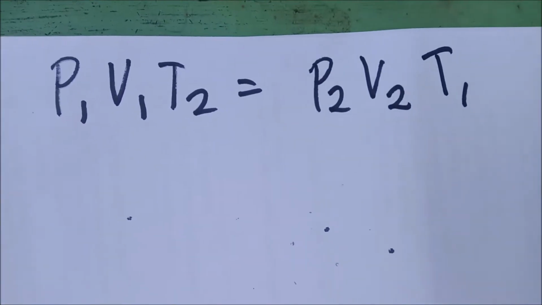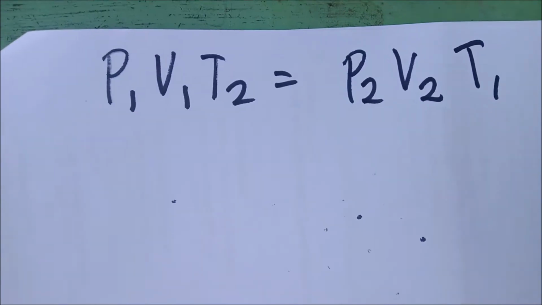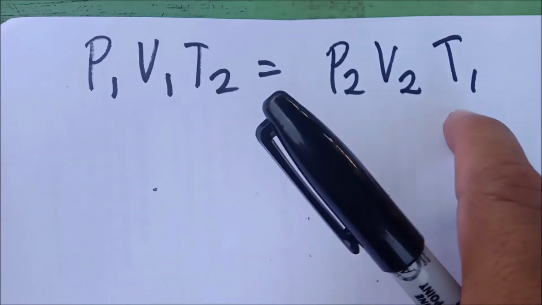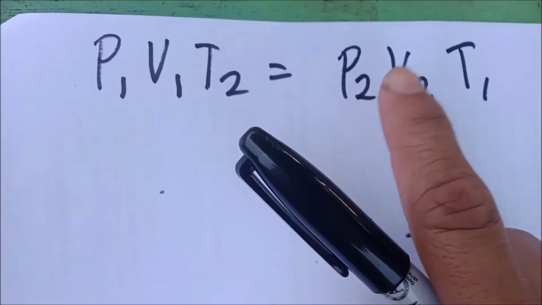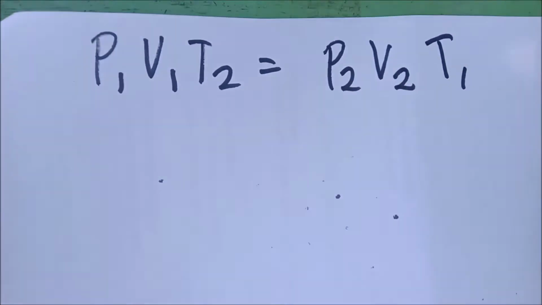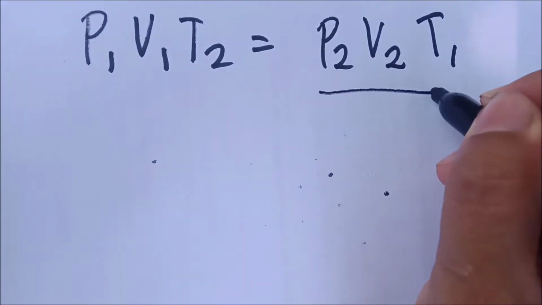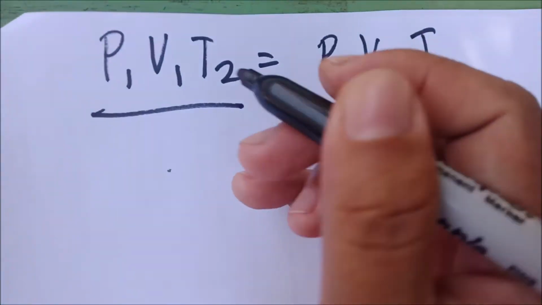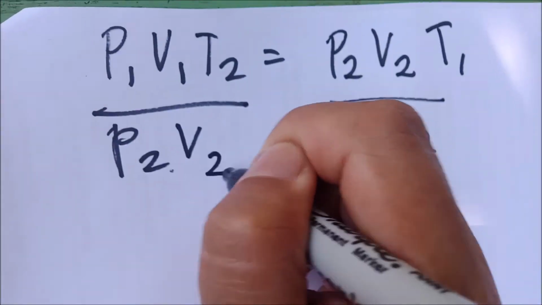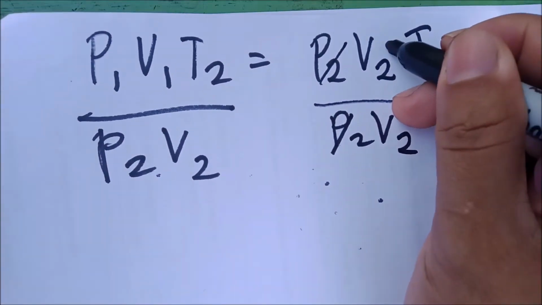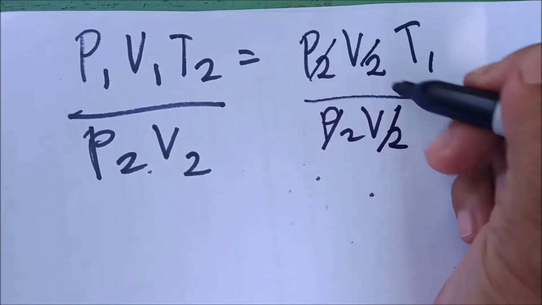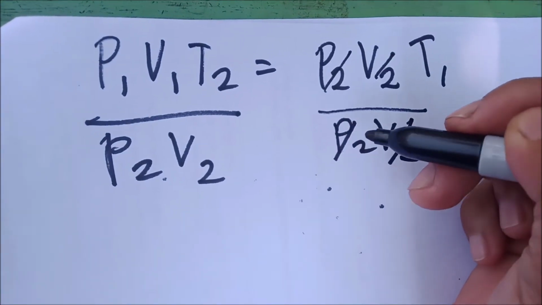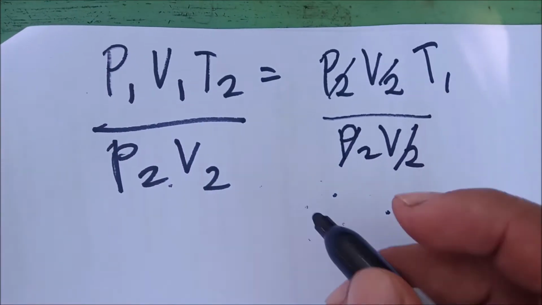Okay, let's continue with our working equation. This time, eliminating the quantities on this side so that we can get the formula of one unknown. So, if we eliminate P2 and V2 on this side by dividing both sides with P2 and V2, V2 cancels V2. P2 in the numerator cancels P2, but on the other side, nothing is cancelled.